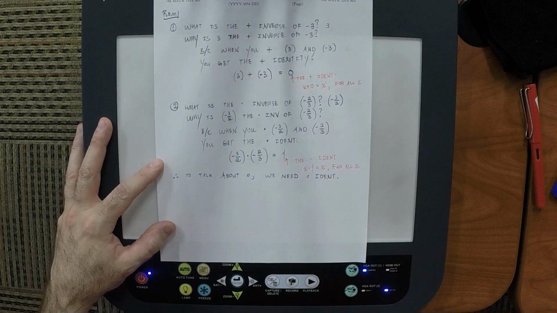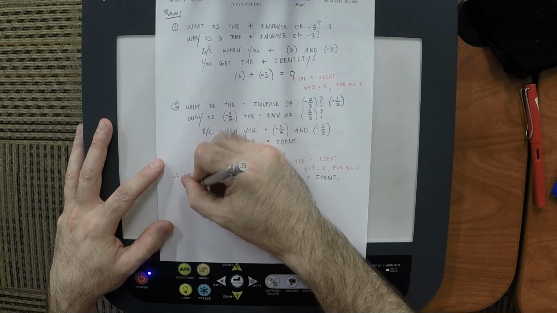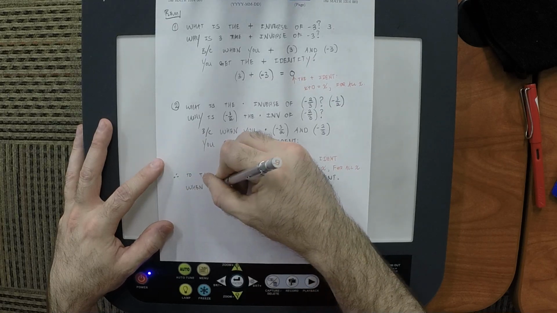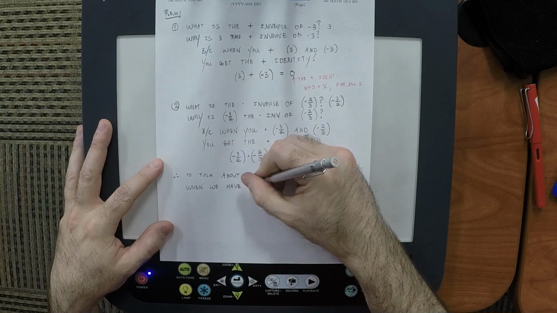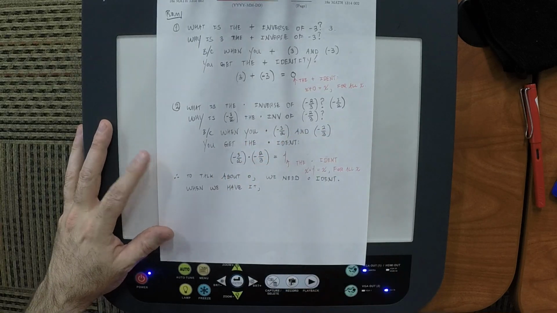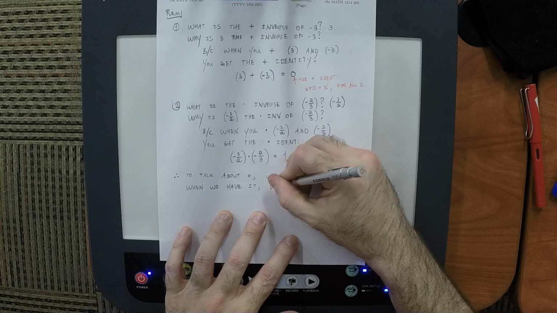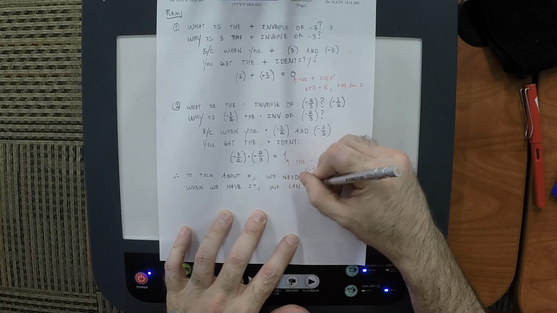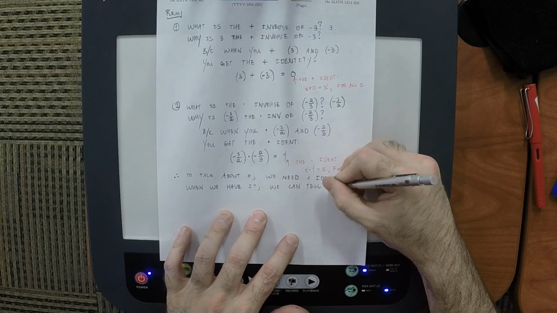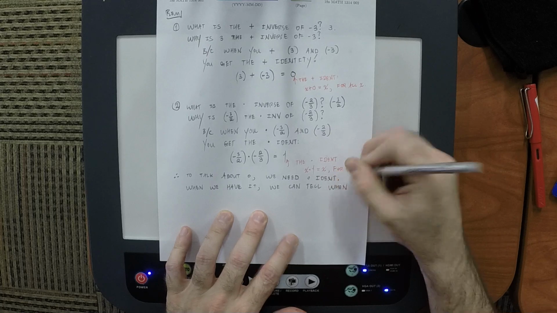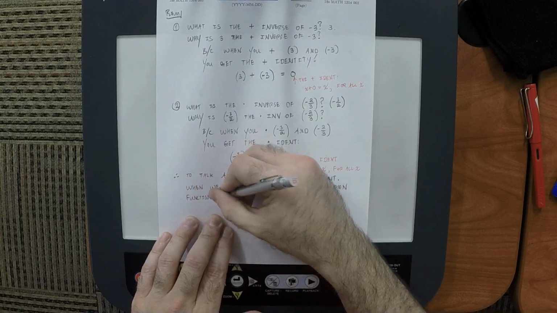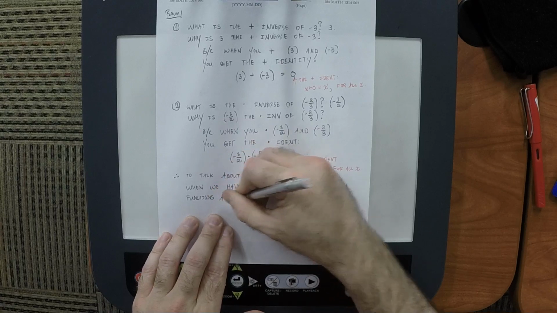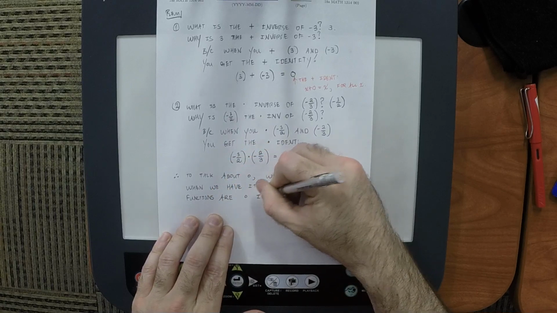We're going to need to have it. Once we have it, we can tell when functions are compositional inverses.